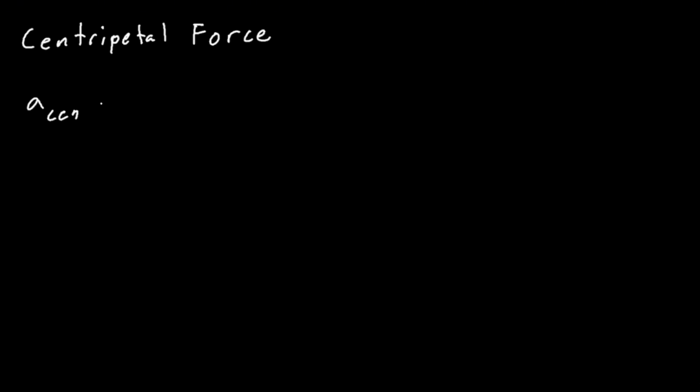So centripetal acceleration is equal to velocity squared over radius. So your tangential velocity while going around in a circular motion, divided by the radius, or the distance from the center of your circular motion, is equal to centripetal acceleration.